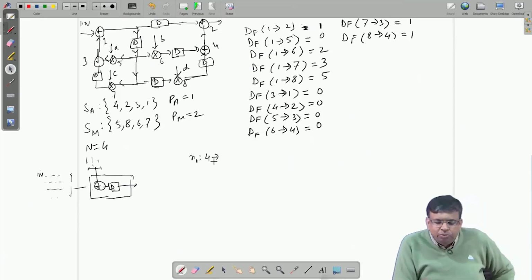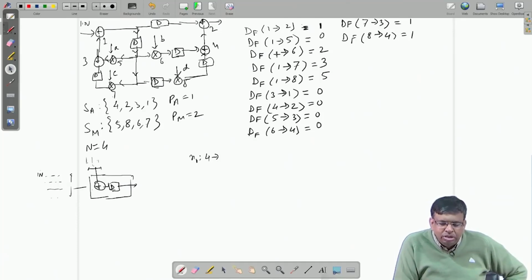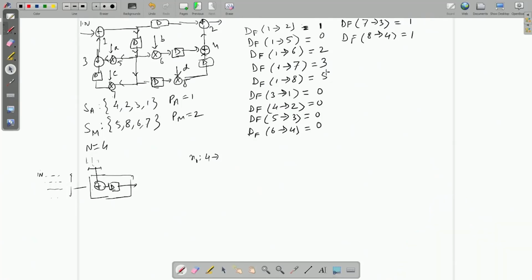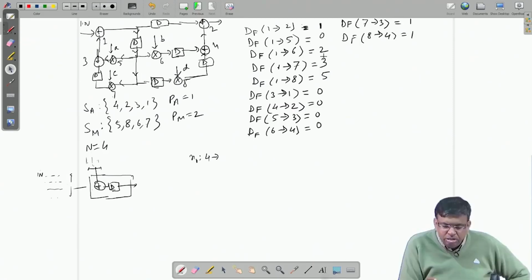and then you see 1 is required to go up to 2, I need 1 delay, 1 to 5, 0 delay, same 1 goes to 6, needs 2 delay, 1 to 7, 3, 1 to 8, 5. That means node 1 output needs to be delayed maximally by 5, which will take care of 2, 5, 6, 7 all. Okay. So, I need to store N1 in the system for 5 cycles.